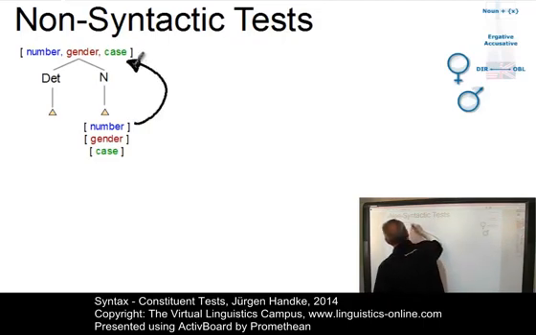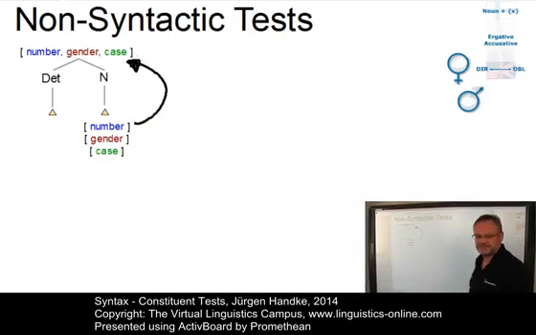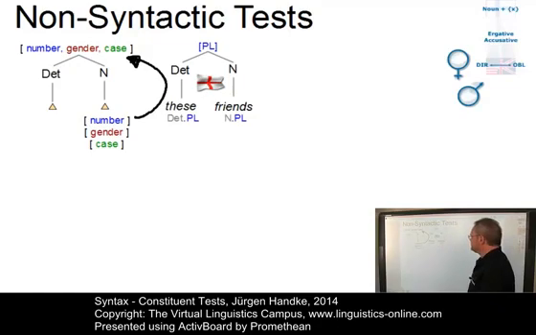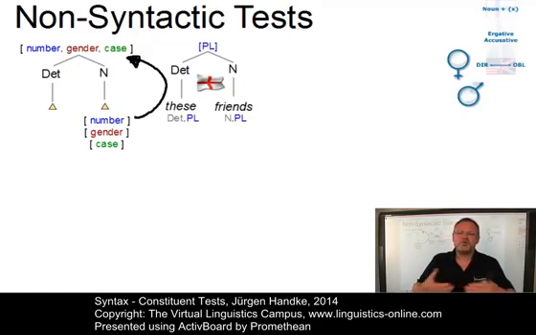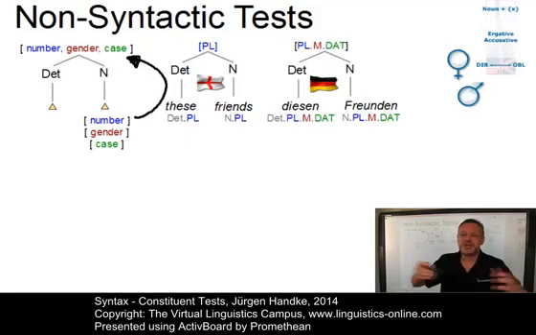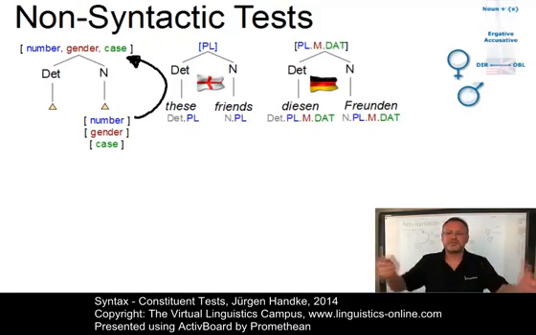So we have this sort of relationship. In present-day English, an almost analytic language, this is often only visible in terms of number, whereas in German, number, gender, and case have to be shared within phrases.